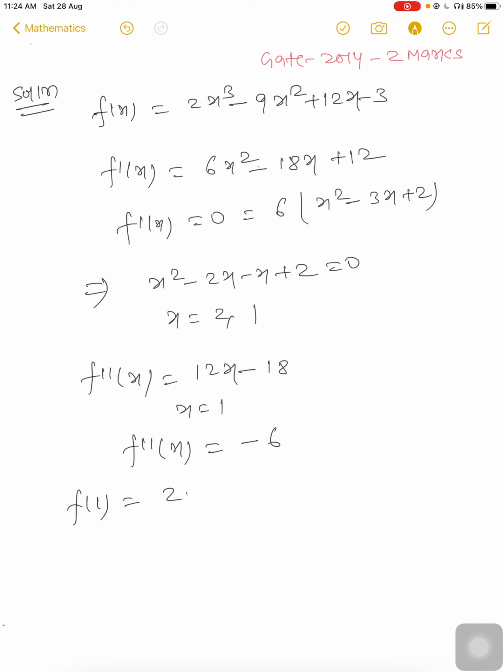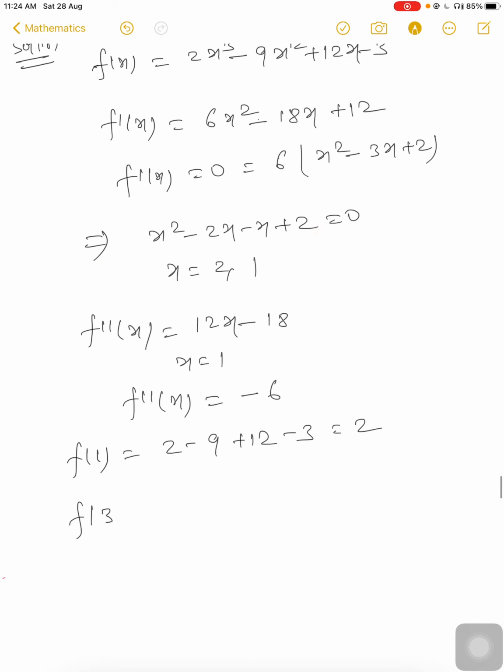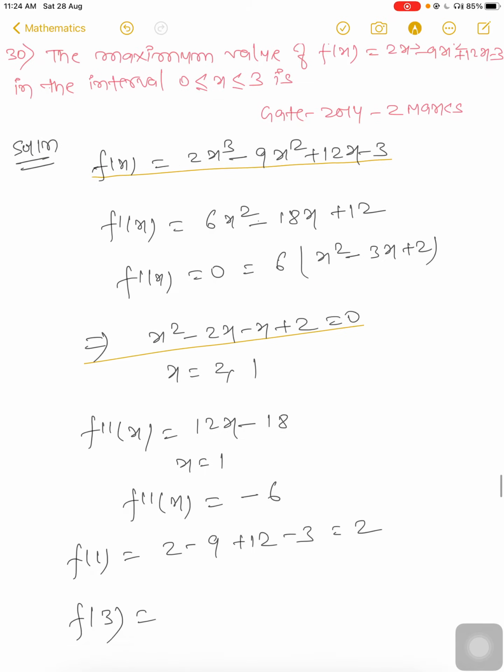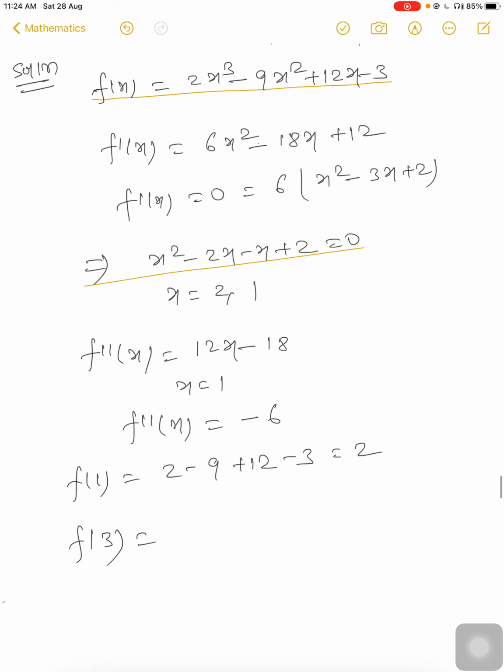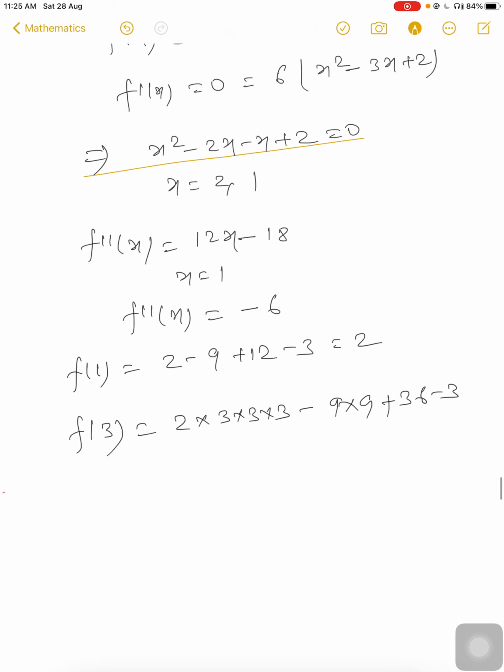Then f(1) is equal to how much? 2 - 9 + 12 - 3, then you will get 2. Here you check f(1) and f(3) for the maximum value. And at 3, what will happen? 2 into 3 into 3 into 3 minus 9 into 9 minus 36 plus 36 minus 3.